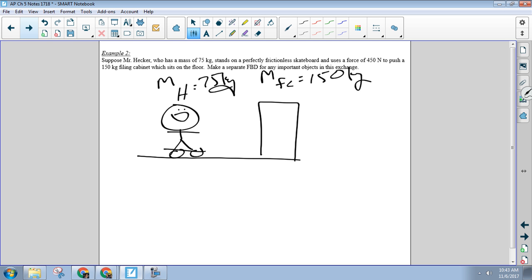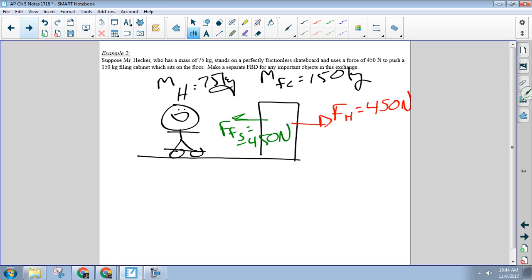All right. If you go through and draw this, here's the force of Hecker pushing the cabinet. But it's not going to move because, you guys just told me, why not? Force of static friction, right? Presumably. Or maybe there's a wall behind it or whatever. Everybody good up to there? All right.